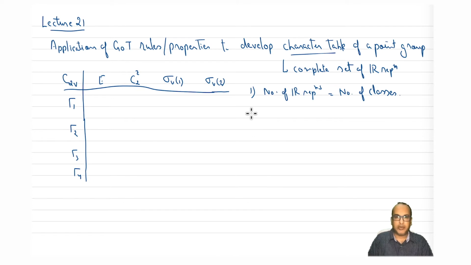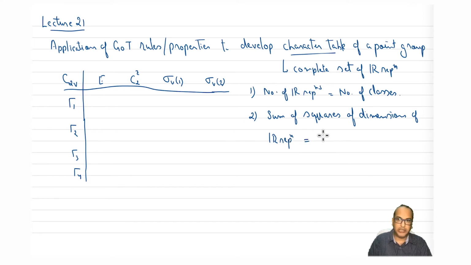Now another rule, which is property 1, which says the sum of squares of dimensions of IR representations is equal to H, right? So what does it mean?